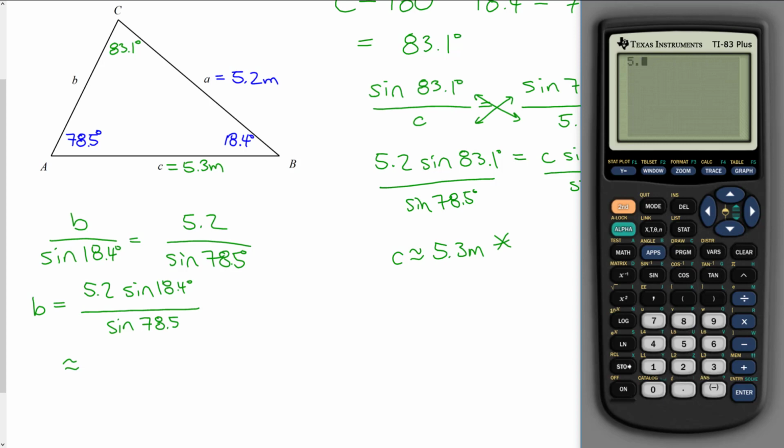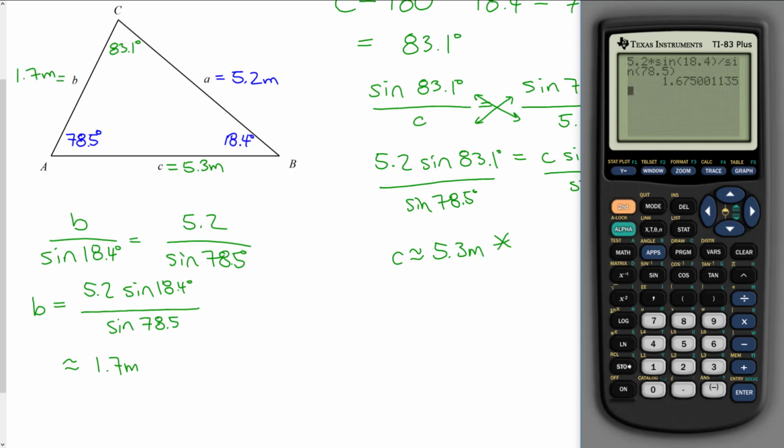So 5.2 times the sine of 18.4 degrees divided by the sine of 78.5 degrees. And rounding to the first decimal, that's going to be 1.7 meters. So this last side over here is 1.7 meters.